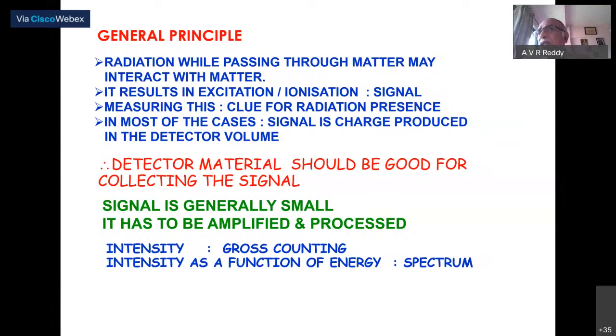The peak position or centroid represents the energy of radiation, and the peak area represents the intensity of that particular ray, let us say a gamma ray in a gamma spectrum. That will be related to the emission probability, and from there, we can get the concentration of the isotopes.